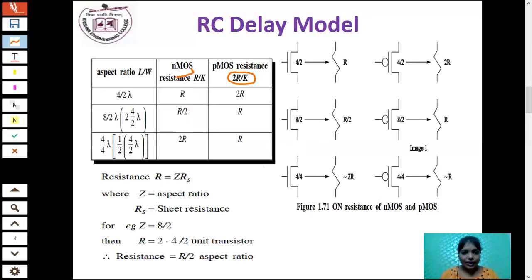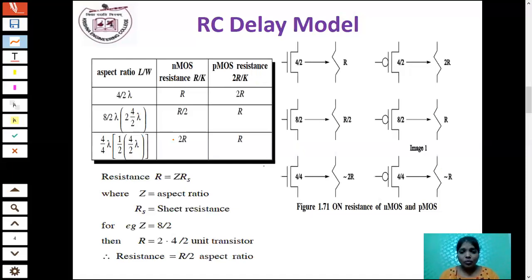So for the NMOS transistor, the resistivity value is very low. For the PMOS transistor, the resistance value is very high. That's why here we are considering R by K for the NMOS transistor, and 2R by K for the PMOS transistor. In this way we are calculating the resistance value.